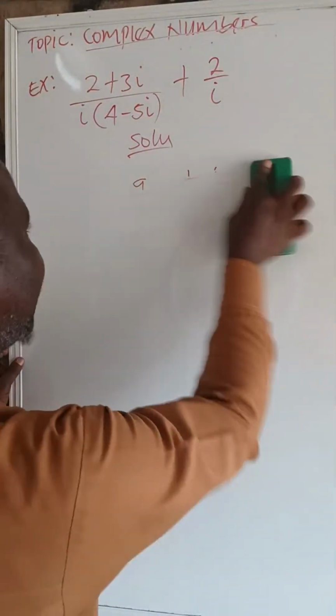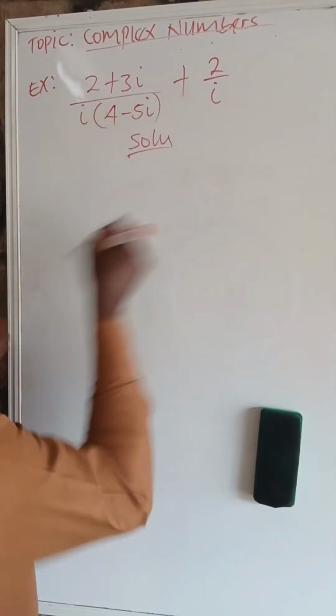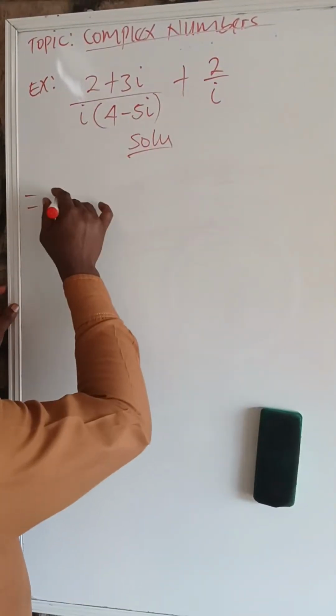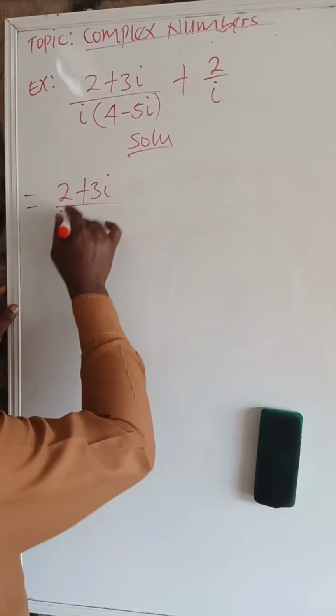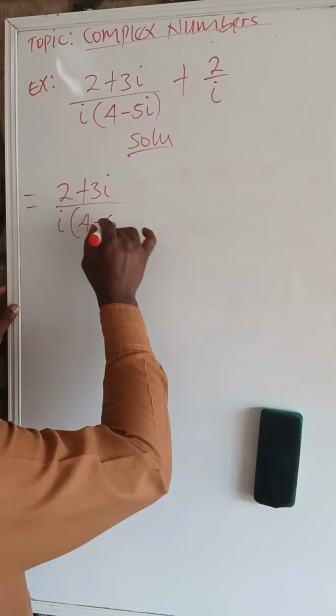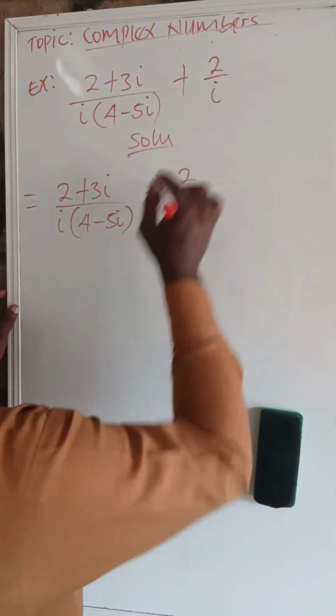What should be the LCM of this? We have here (2 plus 3i) all over i, plus (minus 5i plus 2) all over i.